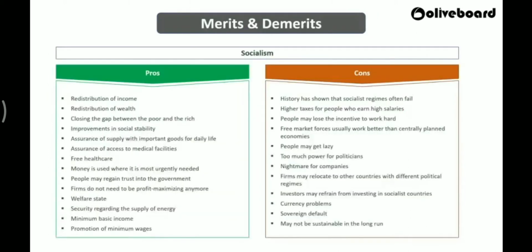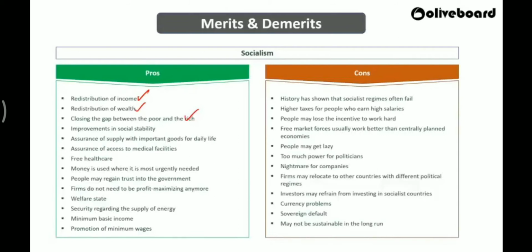Now, see here, I have given merits and demerits of the socialistic economy. Redistribution of income and redistribution of wealth. See here, closing the gap between the poor and the rich. Guys, here I have to ensure that all people have at least their needs. I should not let them die in starvation, or I should not let them starve.